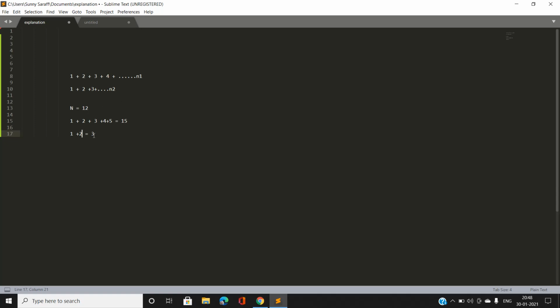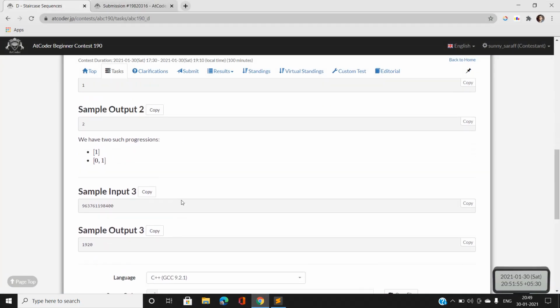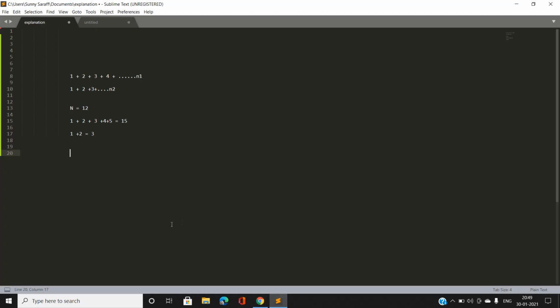Let's take another example. Suppose here we have capital N equal to 1.